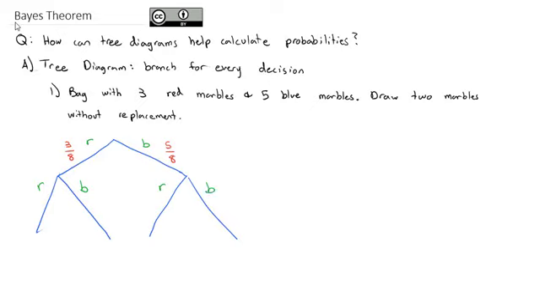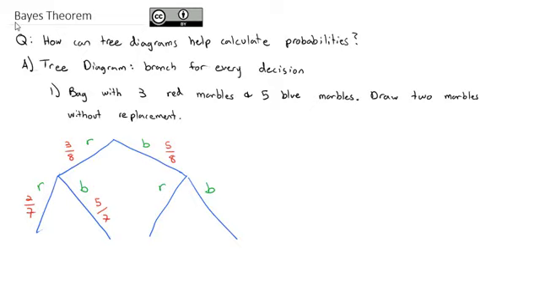Now, the probabilities on this second set of branches are going to change, because going down the left side, if I drew a red the first time, there's only 2 reds left out of 7 total left in the bag for the second draw. Similarly, if I draw red on the first draw, there are still 5 blues left, but only 7 total in the bag.